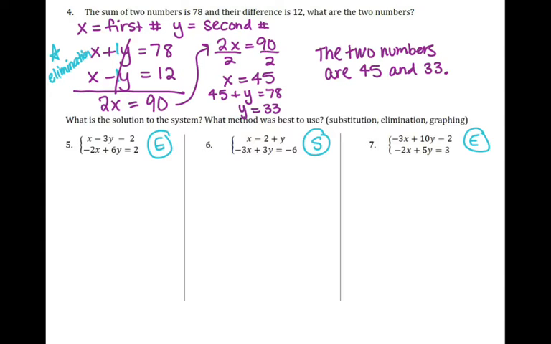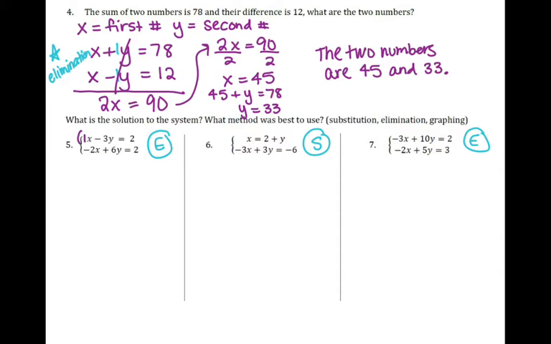Now, when I'm deciding to use elimination, what I'm looking for is my x's and y's to be pretty much stacked on top of each other so that they are on the same side of the equal sign. From there, I can create the same number and opposite signs for one of my variables. If I look at my x, my first equation has a 1x, and my second equation has a negative 2x.